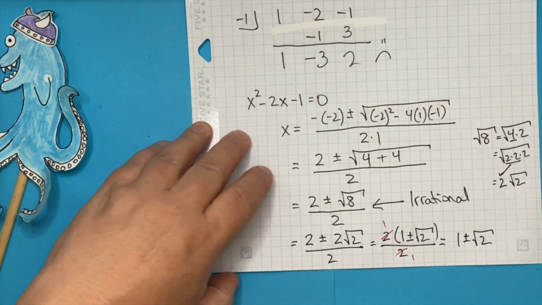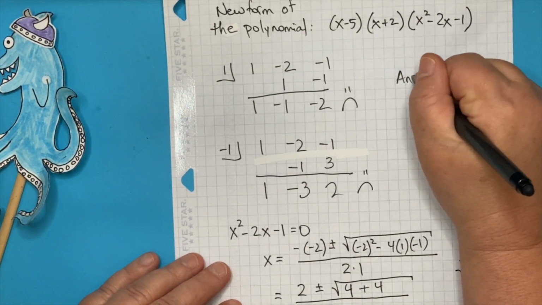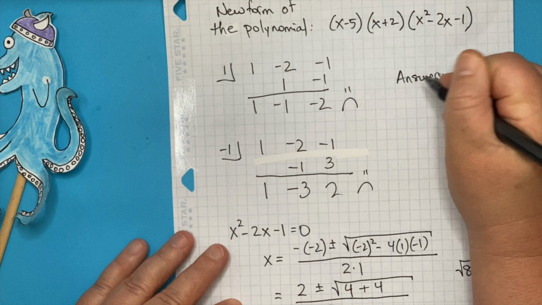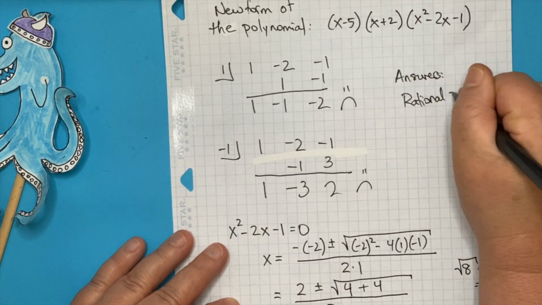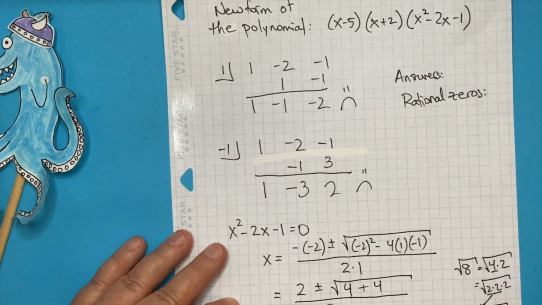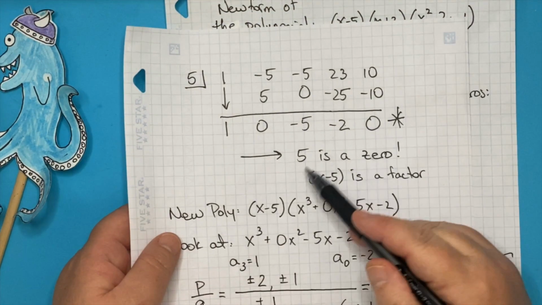So what are all of our answers? Okay, answers. Rational zeros were, what were they? Let's look through. What ones did we find? We found 5.